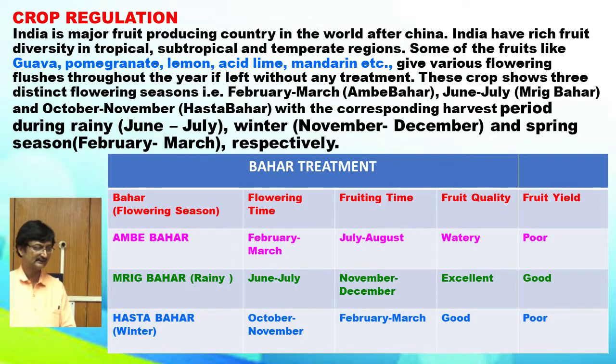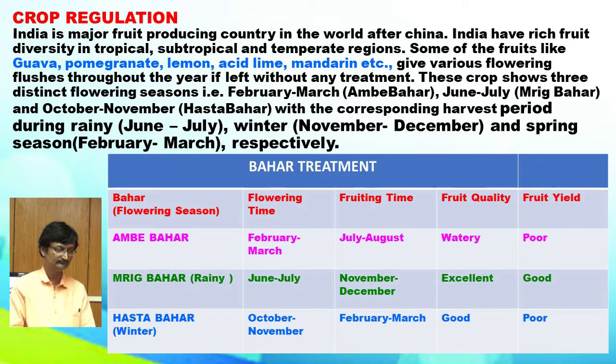So if we restrict the other Bahar and only take the winter crop, which is excellent and of superior quality, then it will fetch very high prices and it will be very remunerative to the orchardists and farmers.